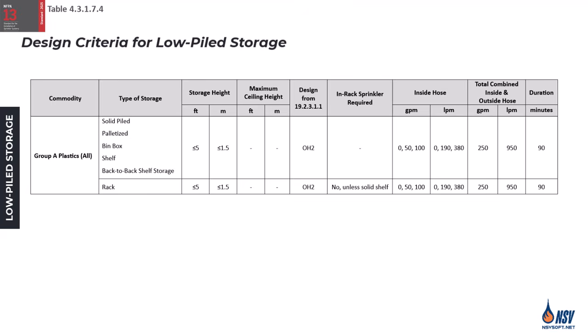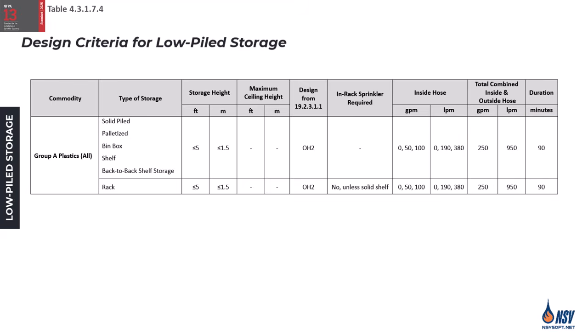Let's go back to our design criteria table and study the requirements. For all types of Group A plastics, such as cartoned, exposed, expanded, or unexpanded, across all storage methods, NFPA 13 requires that our sprinkler systems be designed based on ordinary hazard Group 2 with 250 gallons per minute for the total combined inside and outside hose allowance for 90 minutes.